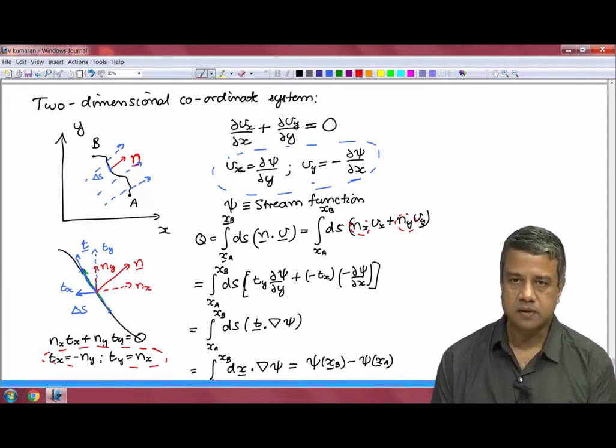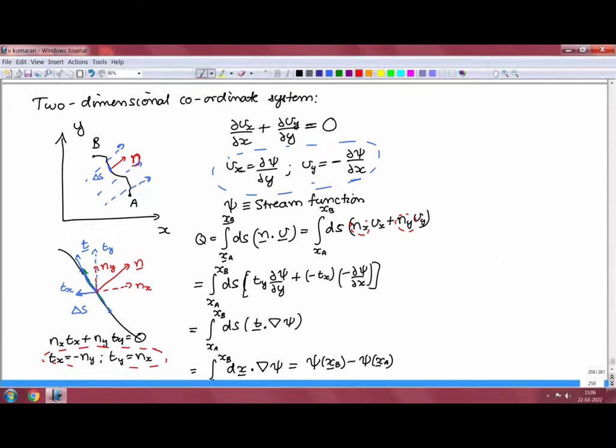Next, we have to proceed to the momentum conservation equation. Before that, I have to define for you the stress and the rate of deformation tensor. These are different from the definitions of the flux and the concentration gradient that we had earlier. In those cases, flux and concentration gradient are vectors.